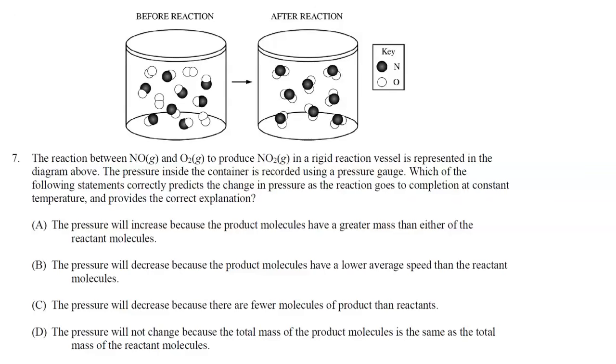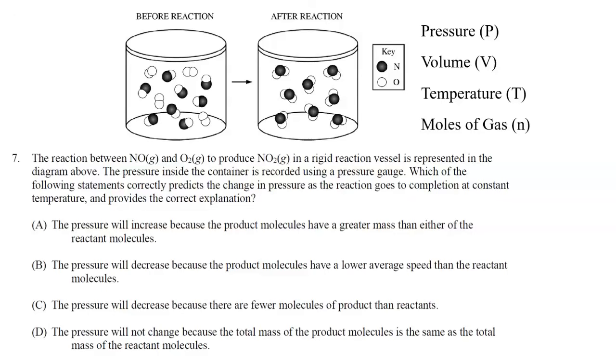Remember, the four variables that we typically use to describe the properties of a gas are pressure, volume, temperature, and number of moles of gas. Now, two of these four variables are not changing during the course of this experiment. Which two?